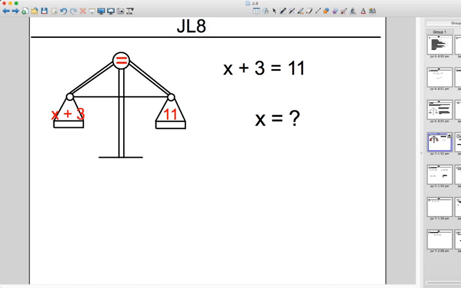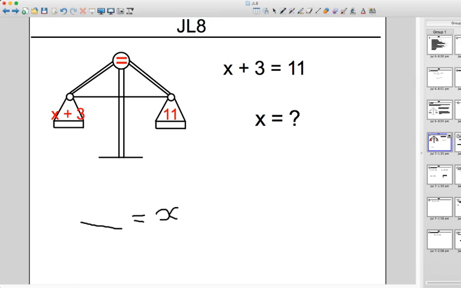So here's another scale. We've got x plus 3 this time on the left equals 11 on the right. So I need to find out what this unknown is, x. I should have said that rather than writing blank all the time, we write using letters or variables as they're known.